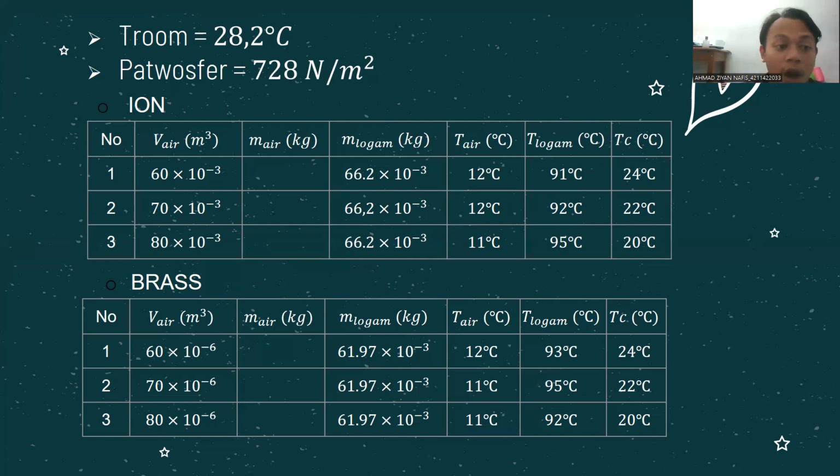Third, 80 times 10 power of minus 3. A mass of metal 66.2 times 10 power of minus 3 and temperature of water 11 degrees Celsius and temperature of metal 95 degrees Celsius.